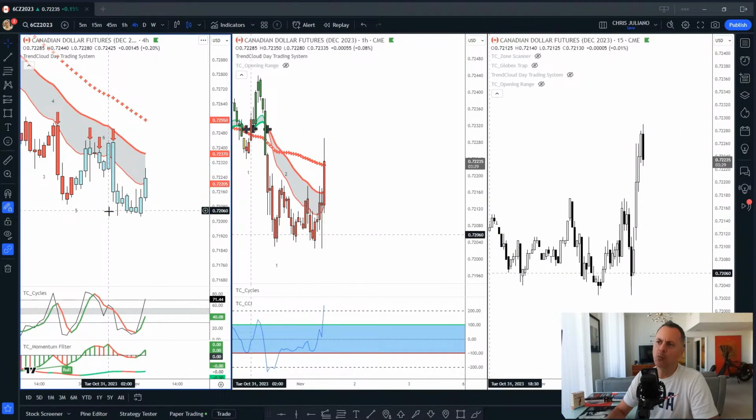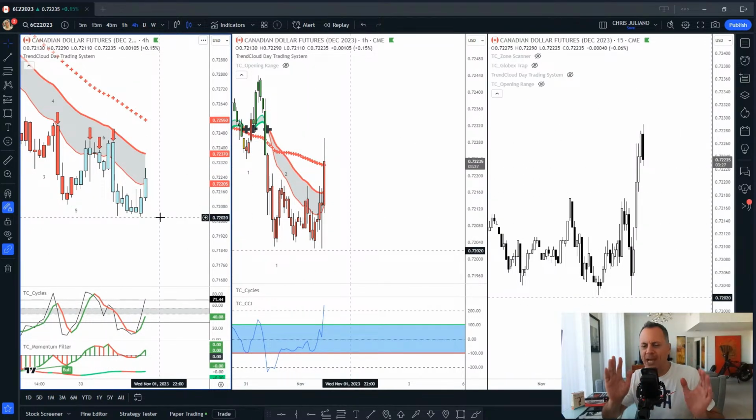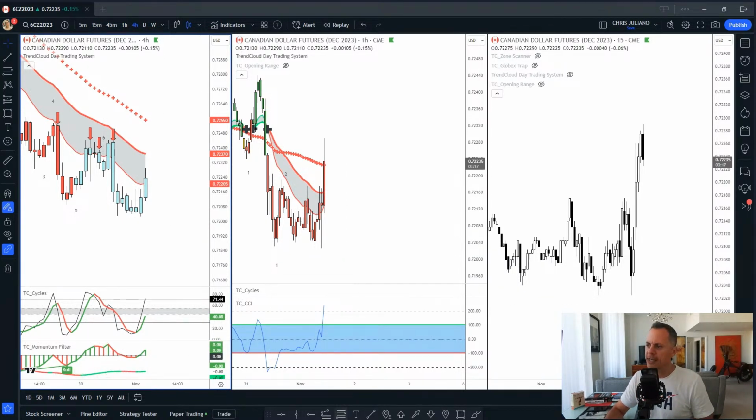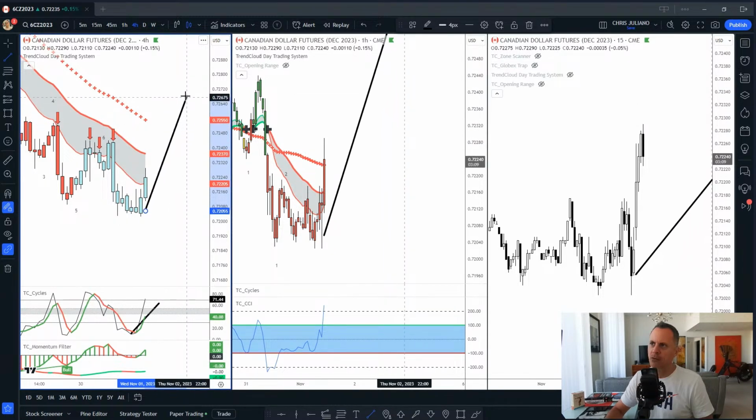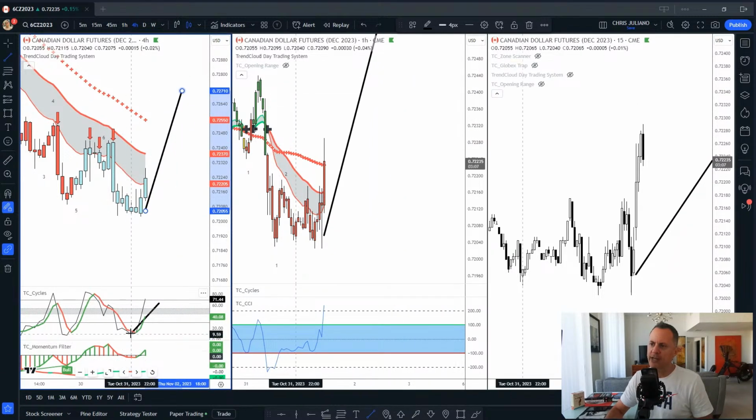So the way we can aggressively trade a trend reversal is to ride the correction of the move, right? We're expecting this. We can ride the cycle right back up.